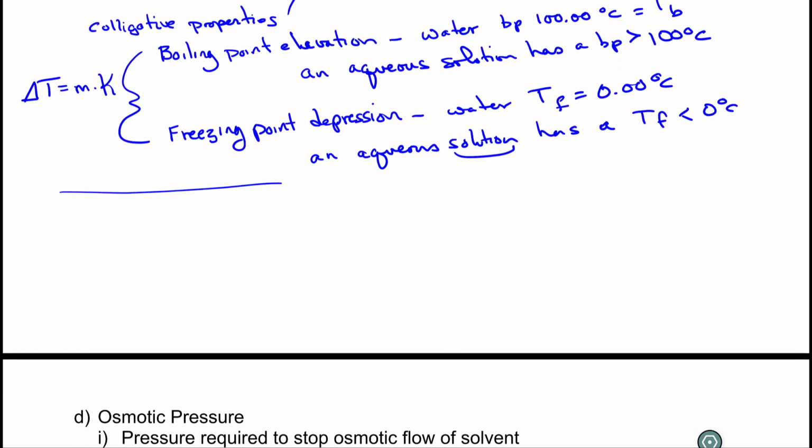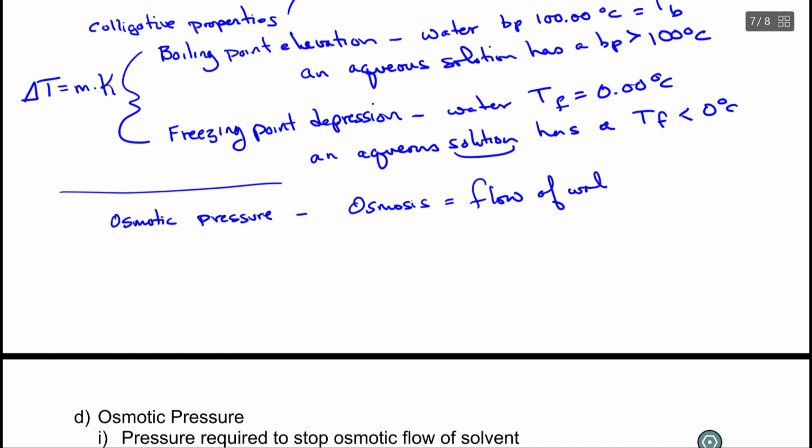The other colligative property that we'll talk about, I won't spend a lot of time on all of these, but one of them is osmotic pressure. Osmotic pressure has to do with a process called osmosis, which is the flow of water through a semi-permeable membrane.